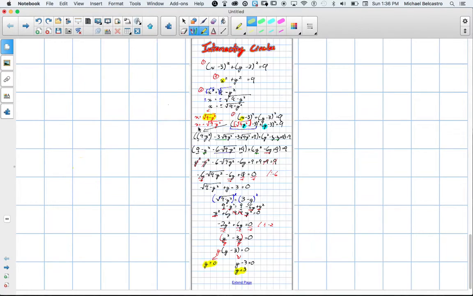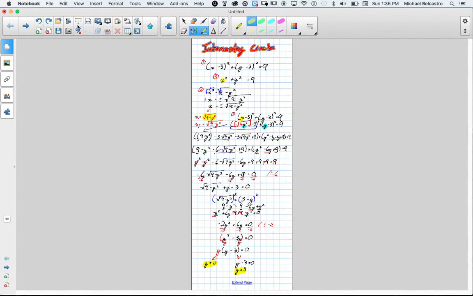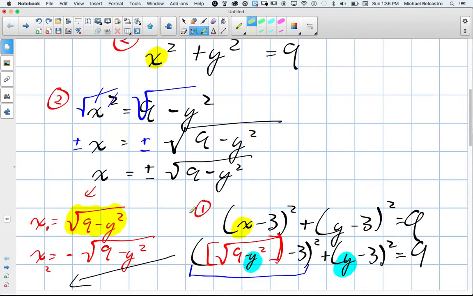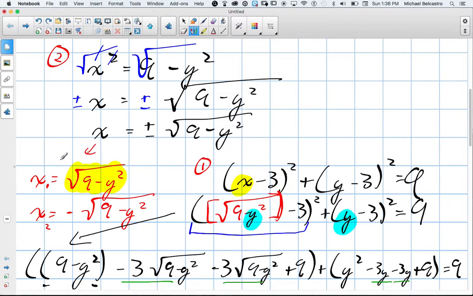Okay, so obviously we just did quite a bit of work there. Now, don't forget that was only one of the options. There's also this option here, which goes through the exact same process, but with negative root 9 minus y squared.